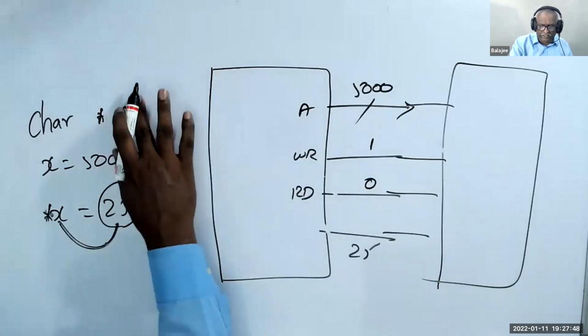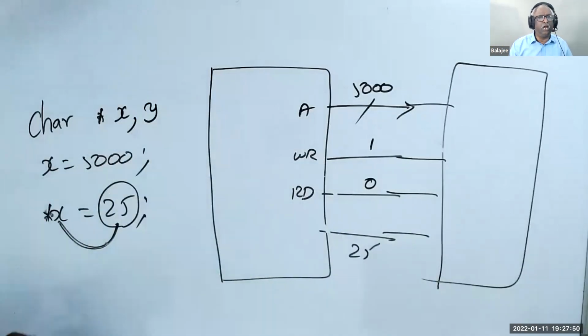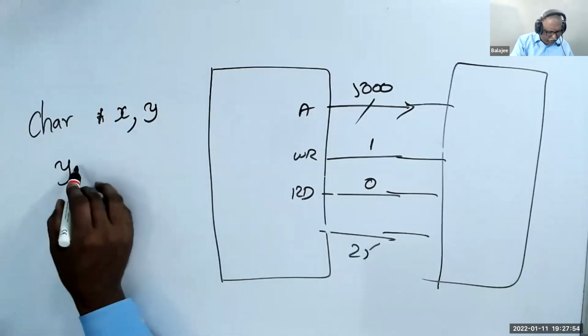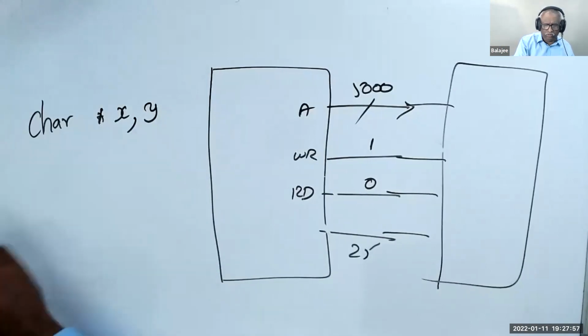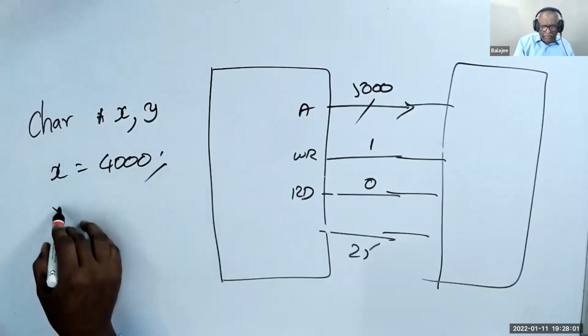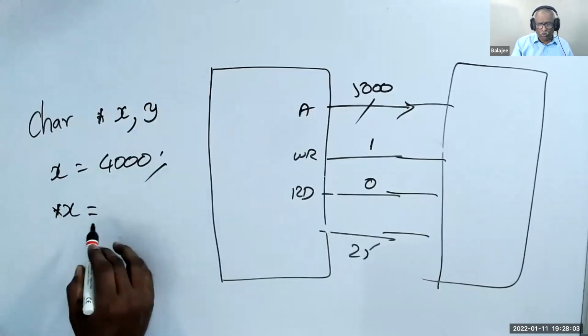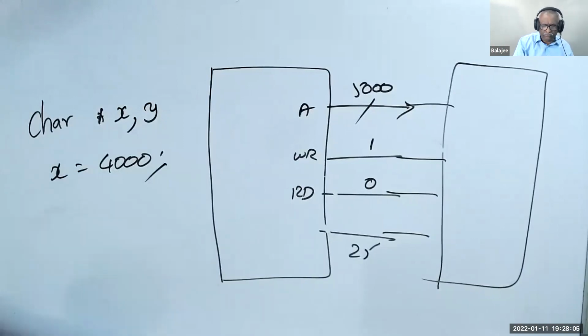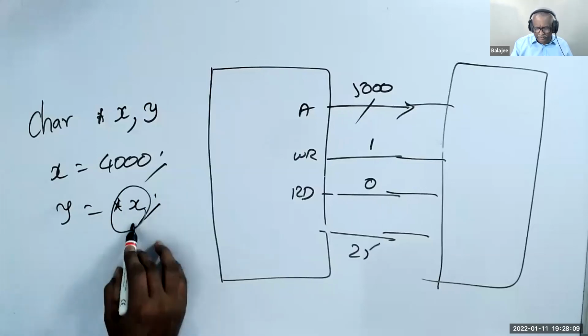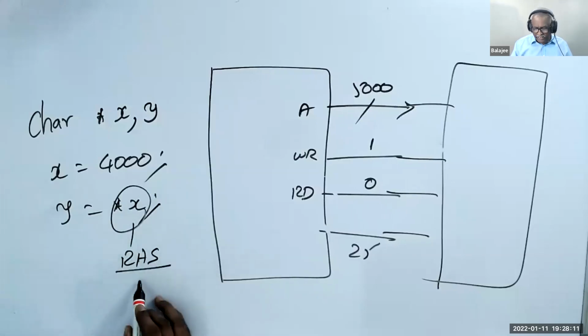Now, if I do like this, star y, then you put x is equal to 4,000. Star x, y is equal to star x. Now the right hand side, RHS, is always a read.